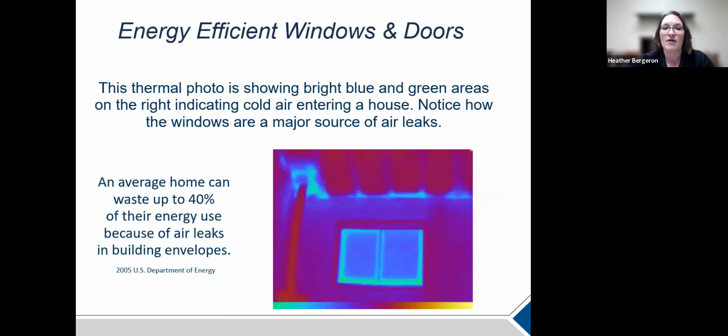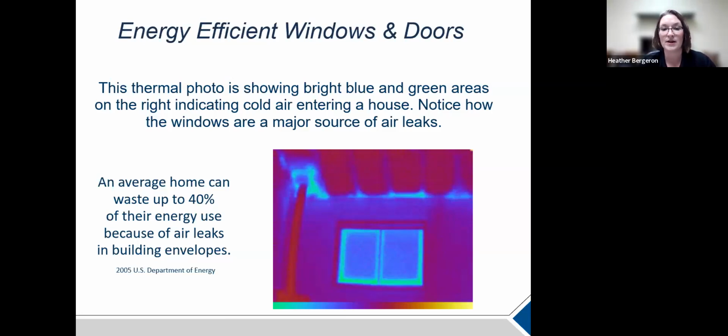Here's an example of a thermal photo showing bright blue and green areas, indicating cold air entering the house. You're noticing here how the windows are a major source of air leaks, and we don't want to have air leakage there.